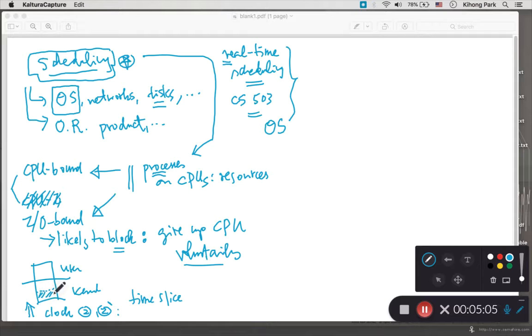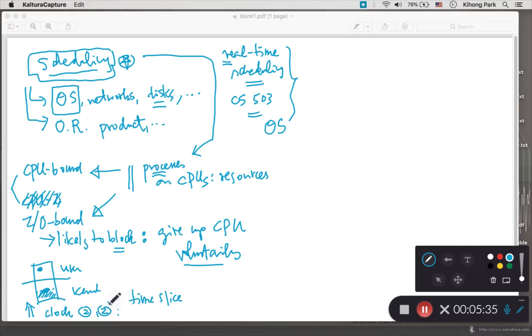This guy detects it because it's the clock handling component of the OS. And when it detects that the current process has used up its time slice, then the lower half calls the scheduler, the guy here in between, so that the scheduler then can decide, should this guy continue to run or should this guy be kicked out, and another process is then context switched in. And so that was what we termed 2 prime.